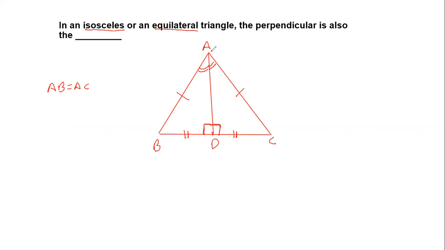For example, if I say this AD is the bisector of the base, then it automatically means that AD will definitely be perpendicular and AD will also be the angle bisector. Suppose I say this AD is the angle bisector, then it automatically means that AD is definitely perpendicular and definitely the bisector of the base. Now in this formula, they are already mentioning the perpendicular.